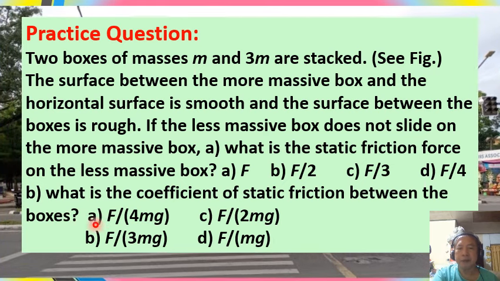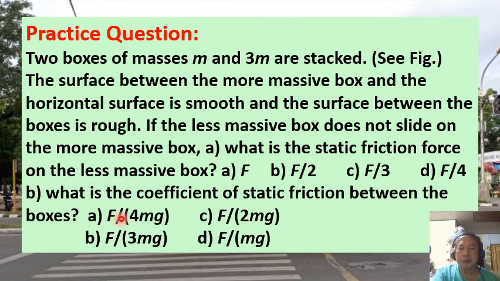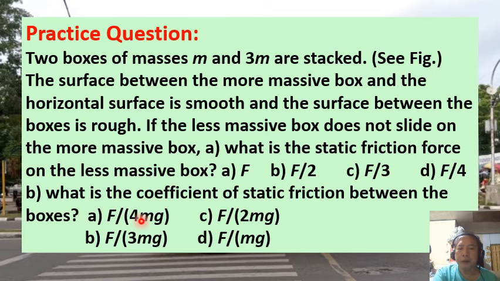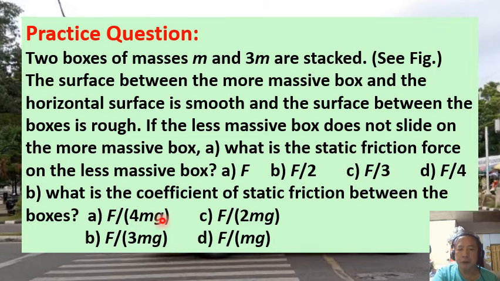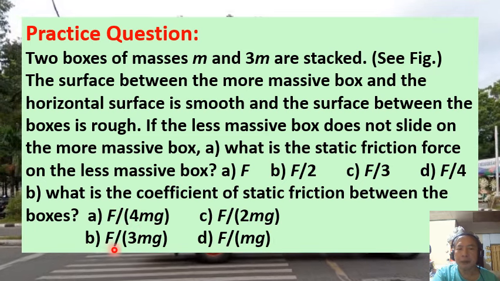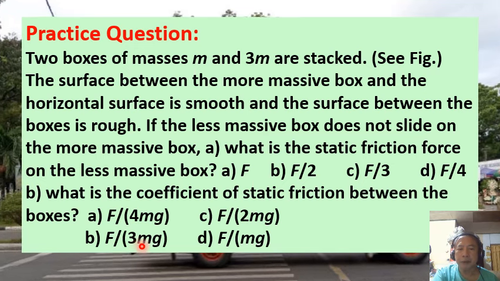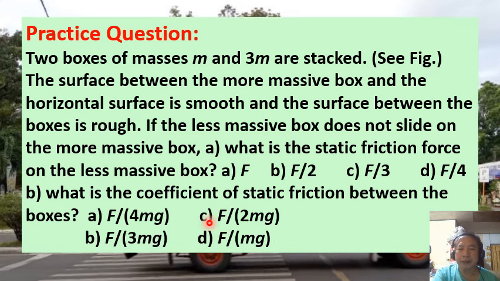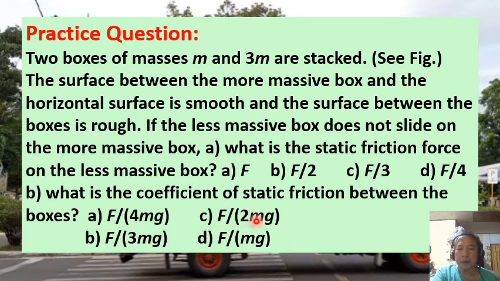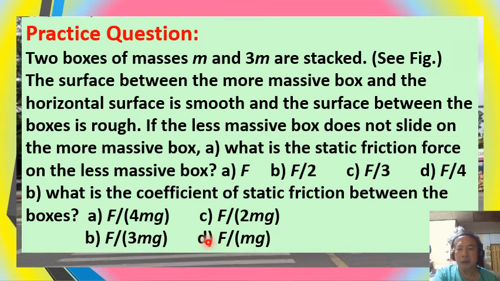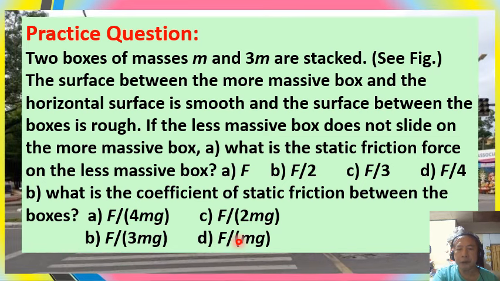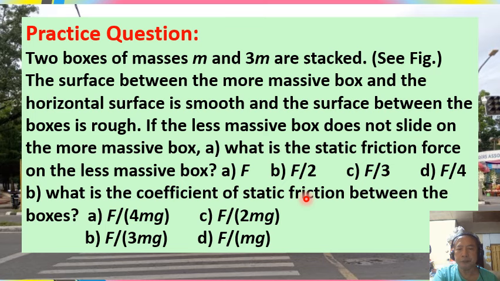Choices are letter A, F over 4mg. Letter B, F over 3mg. Letter C, F over 2mg. And option D, F over mg.